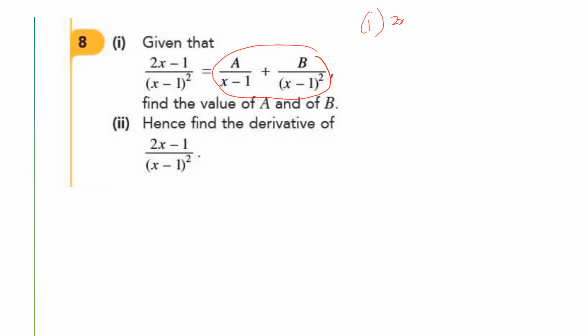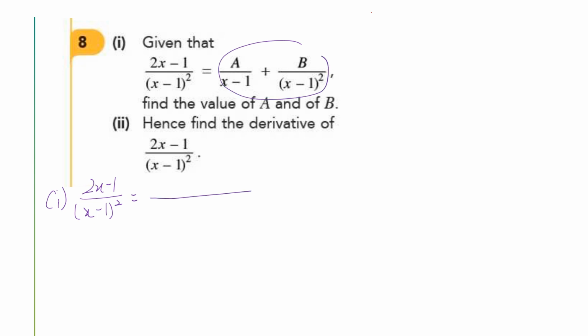So your 2x minus 1, I think I will need more space. So I think I will just do it here instead. So 2x minus 1 over bracket x minus 1 squared. Okay, we're going to combine this into one fraction. So the denominator would be bracket x minus 1 to the power of 2.